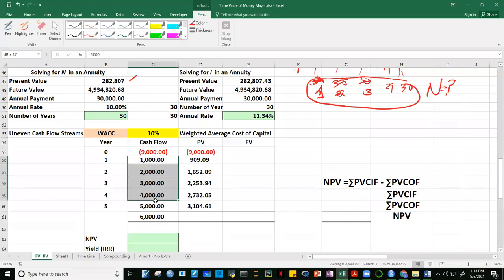If you add this 1, 2, 3, 4, 5, that's 15,000 and it's greater than 9,000, which is the outflow. Sabi natin mali yun, di ba? Bakit mali yung ganong klaseng proseso? Anyone? Could you chat? Or could you unmute yourself? Why is that wrong? Why can't we just add those cash flows?